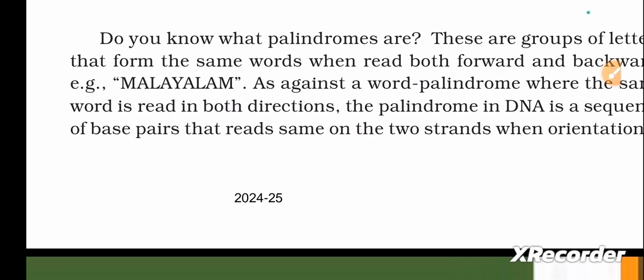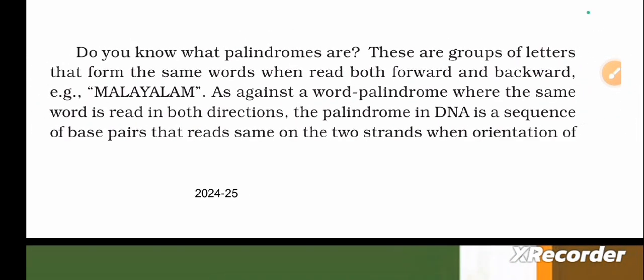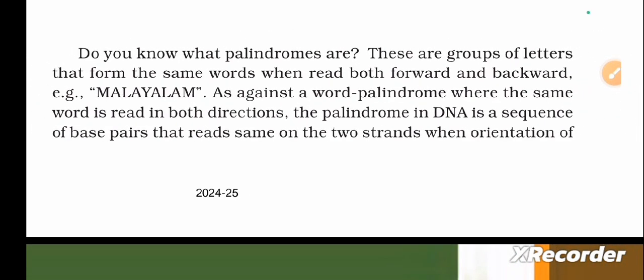Do you know what palindromes are? These are groups of letters that form the same words when read both forward and backward. Example, Malayalam. If you see this, this is a palindrome, as against a word palindrome where the same word is read in both directions.